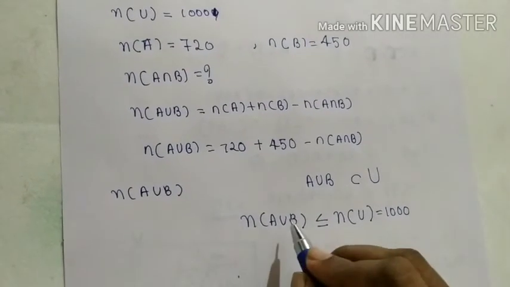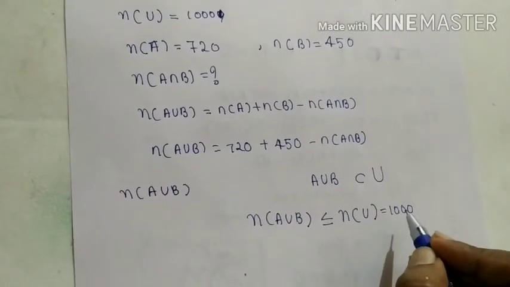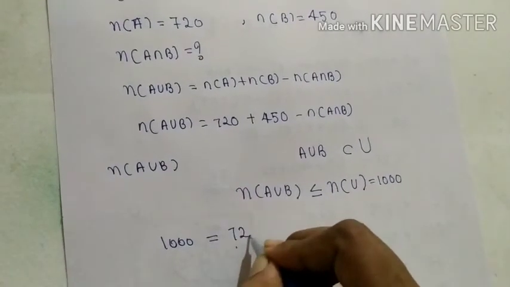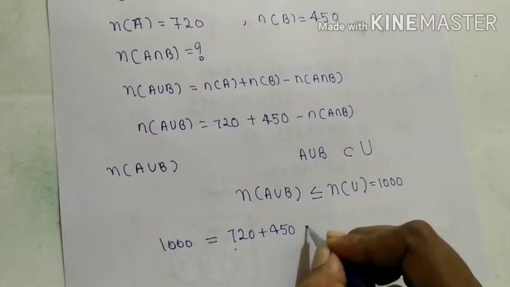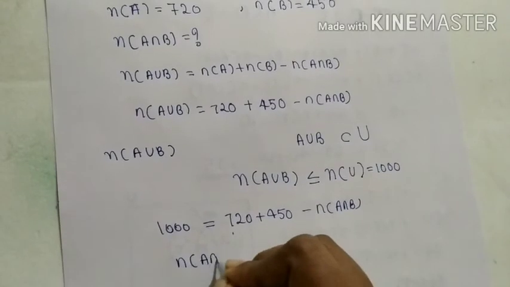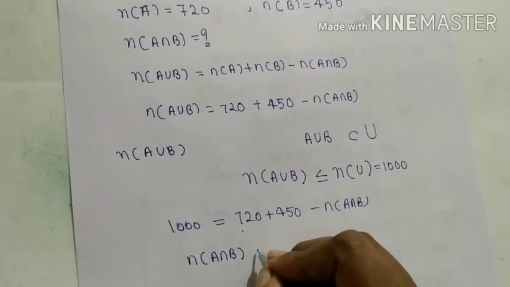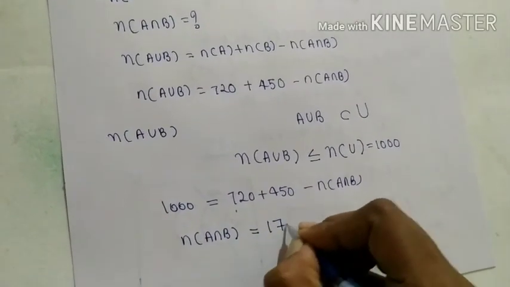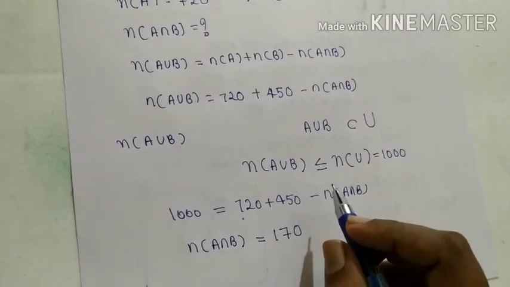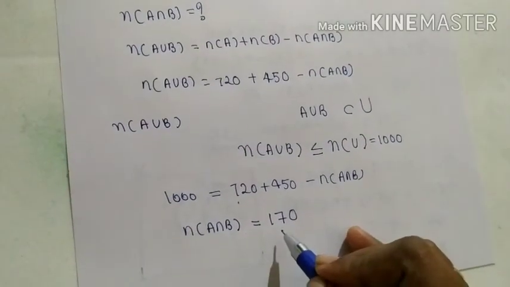Okay, so substituting the maximum value of n of A union B, that means it is equal to 1000 here. We get 1000 equals 720 plus 450 minus n of A intersection B. From this we get n of A intersection B equal to 170. Thus we get the least value of n of A intersection B is 170.